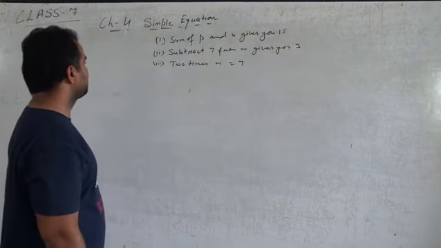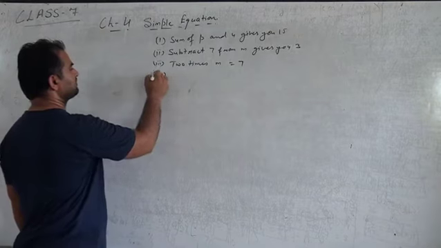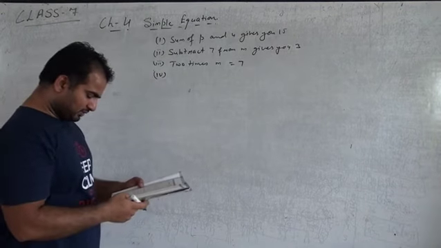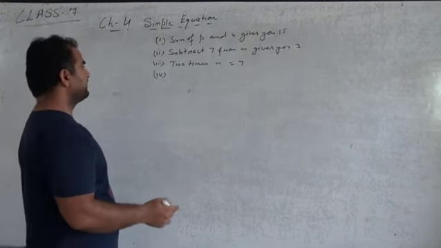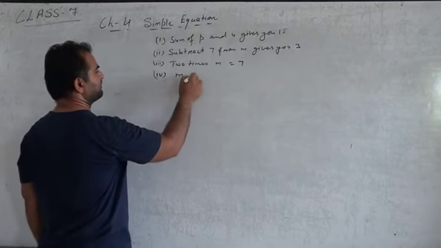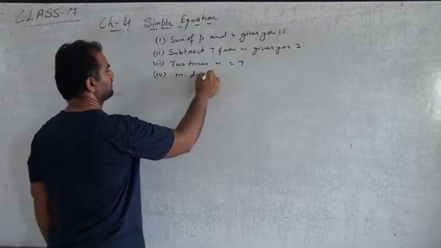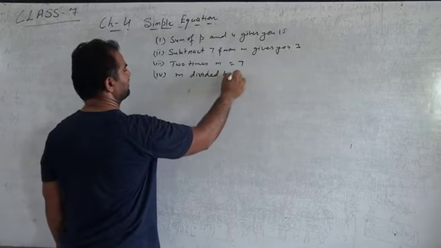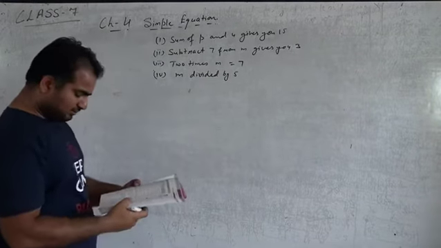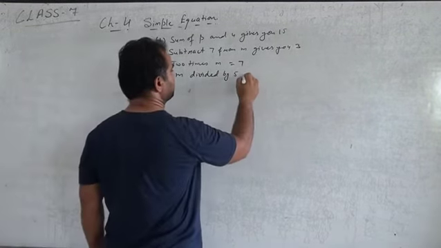Done. Next is m divided by 5 is equal to 3.